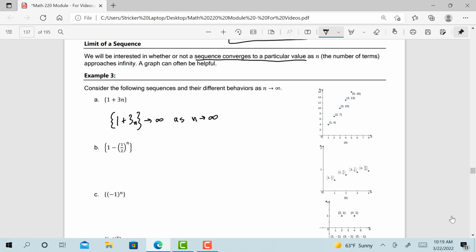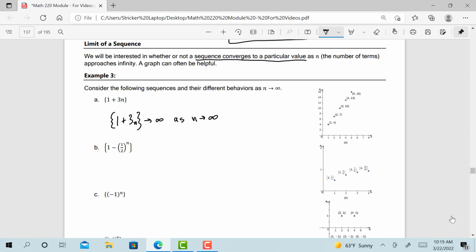All right, let's look at the next one. It says 1 minus (1/2) to the n power. In this case, the terms of the sequence start as 1/2, and then go to 3/4, and then 7/8, and 15/16. It looks like these terms are getting closer and closer to 1.